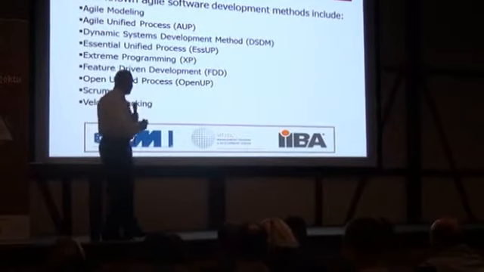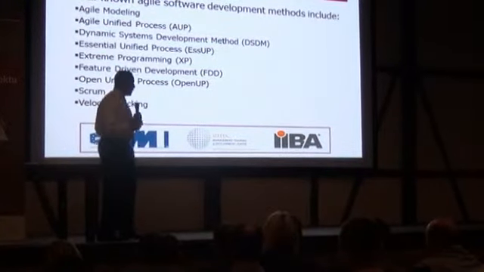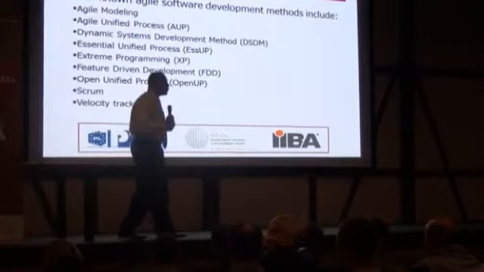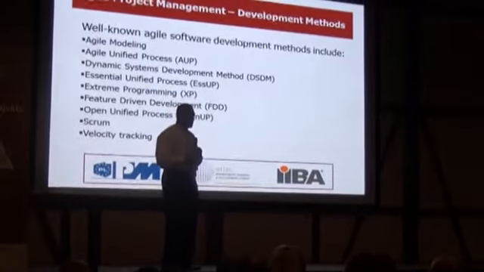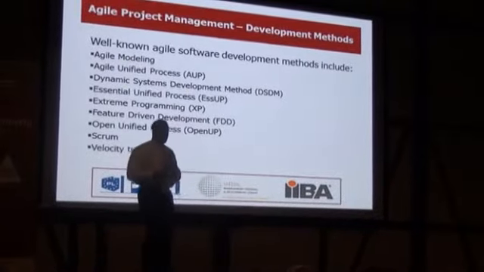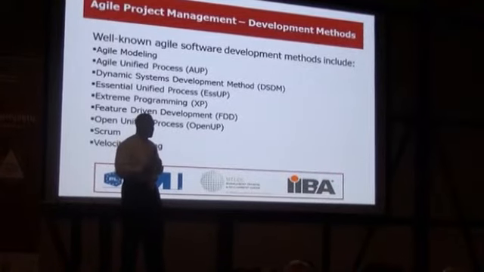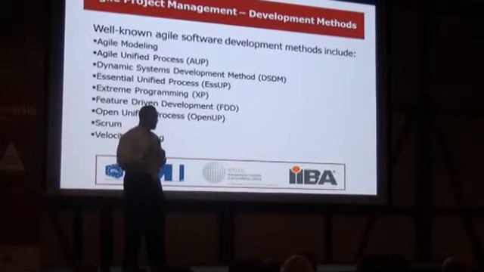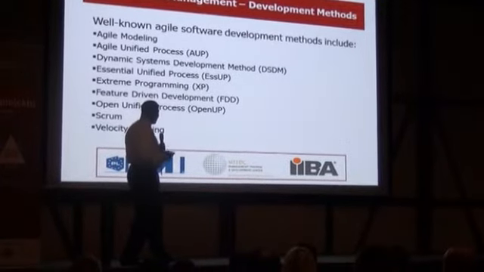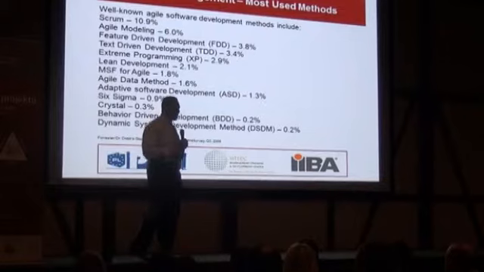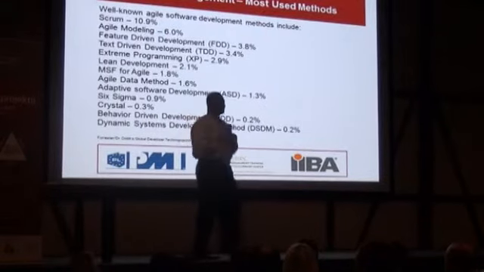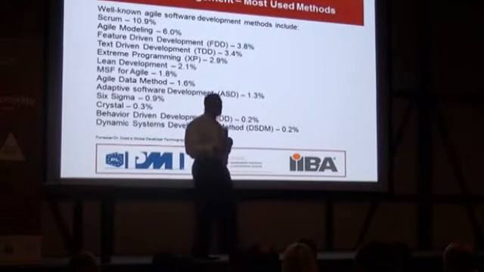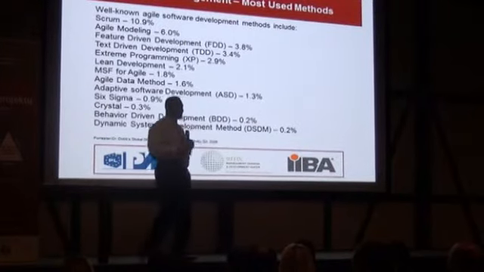So here are just a few of the different types of Agile methods. Which one would you think is the most popular Agile development method? Scrum? You all looked at the presentation. Scrum is the most common one, right?